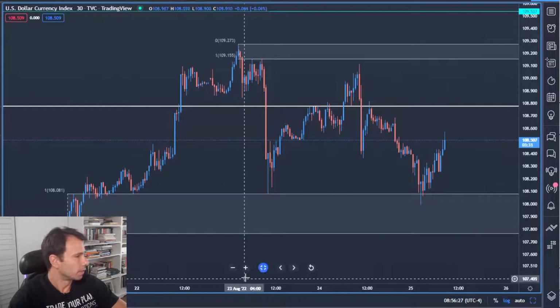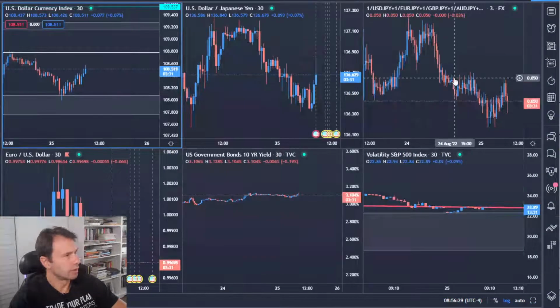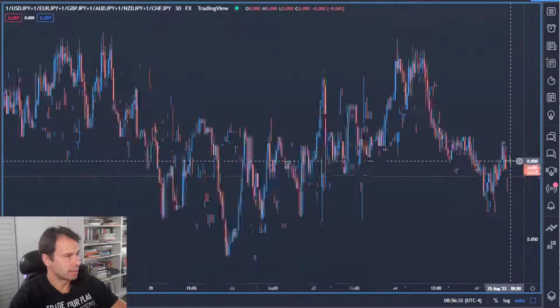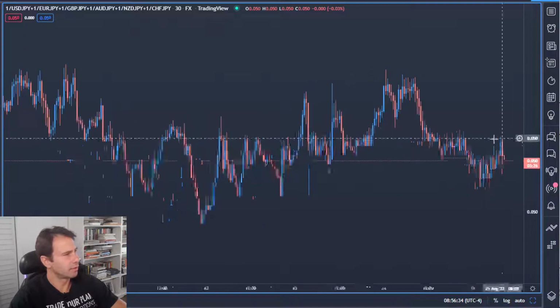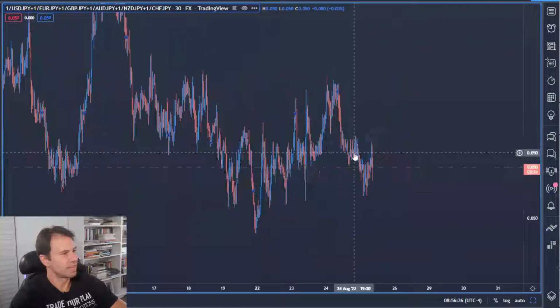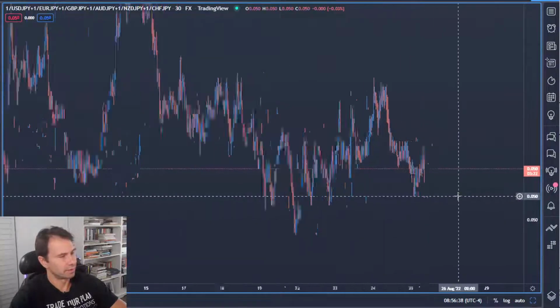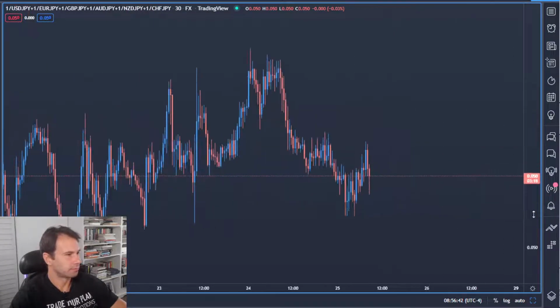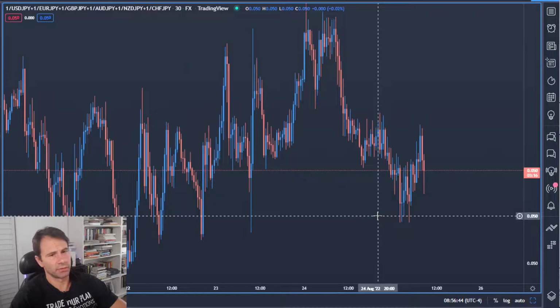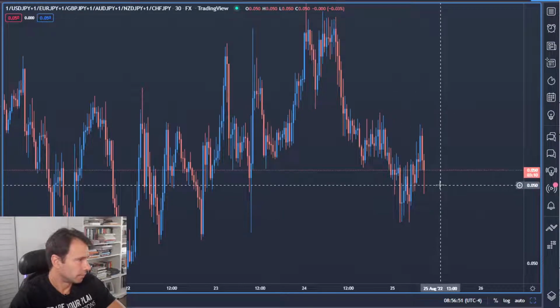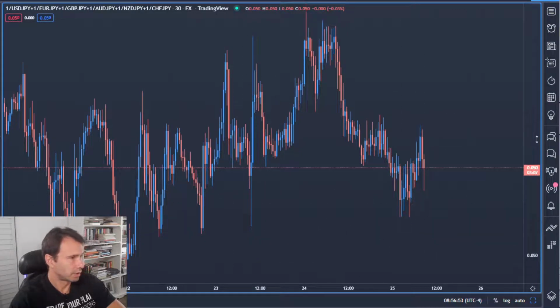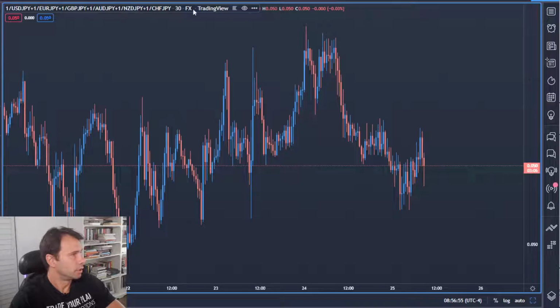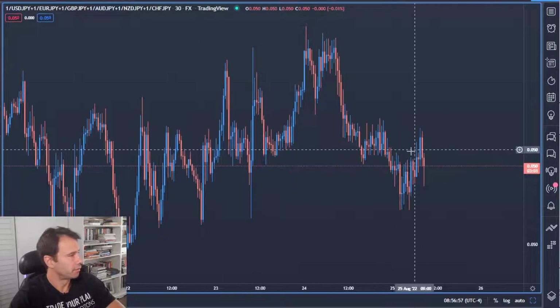Okay, I also like to check on the yen, although this index of the yen is very wacky and very hard to read. It's an index that I created here in TradingView, a collection of a few of the yen pairs.